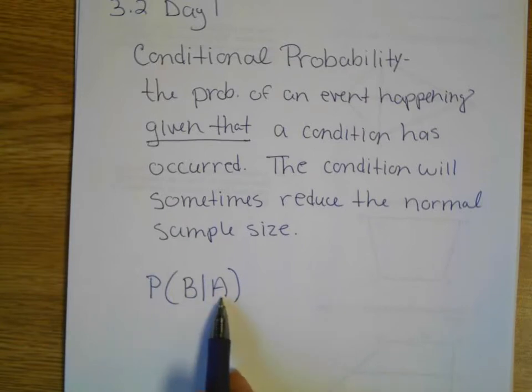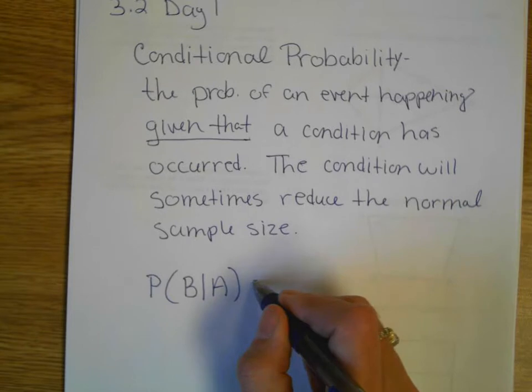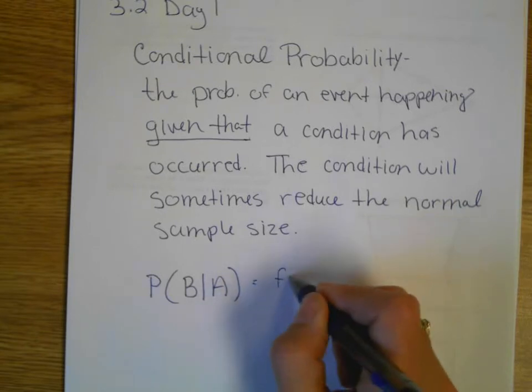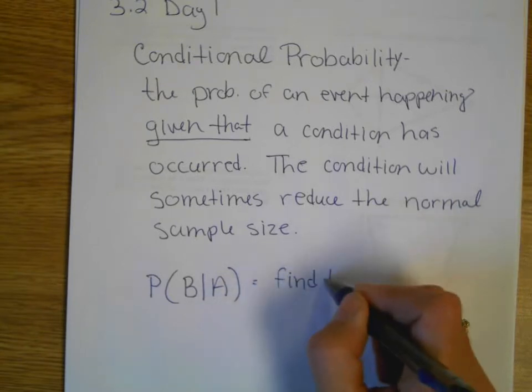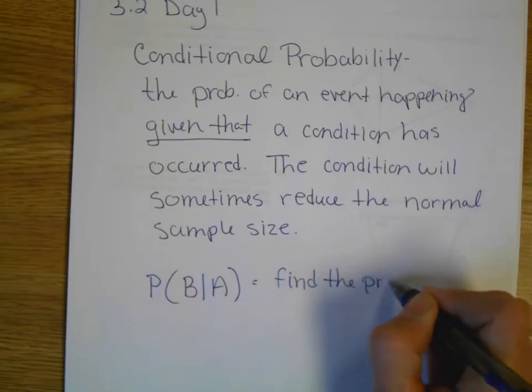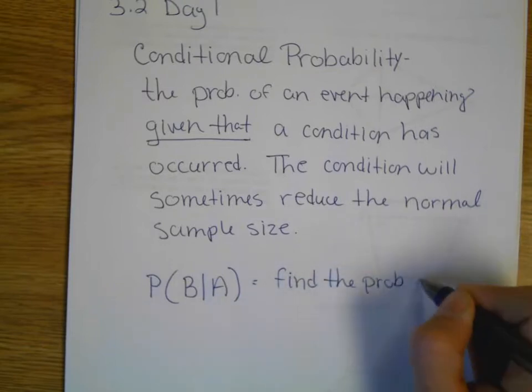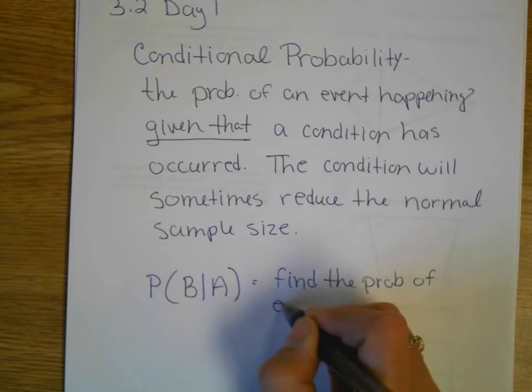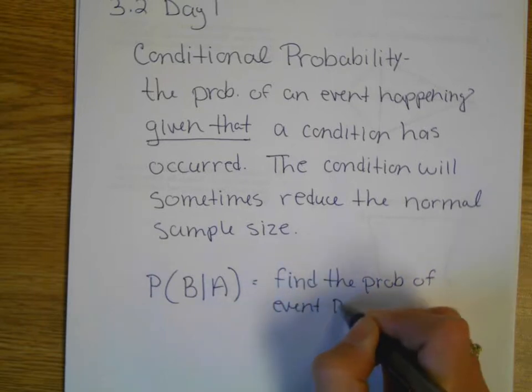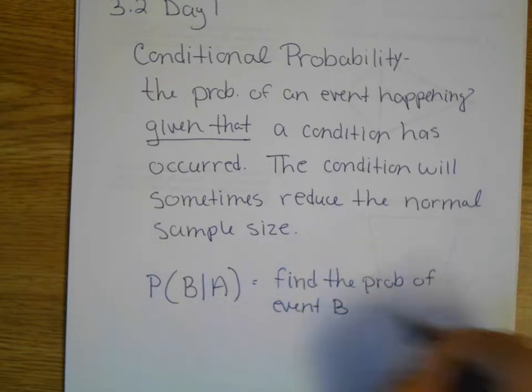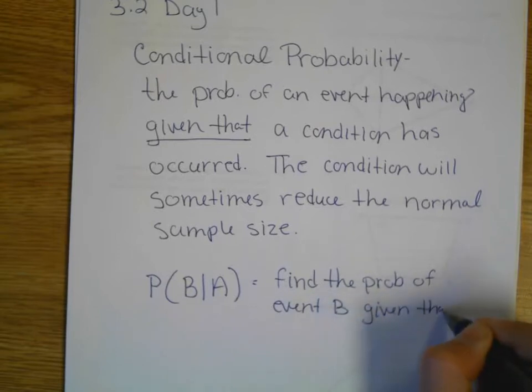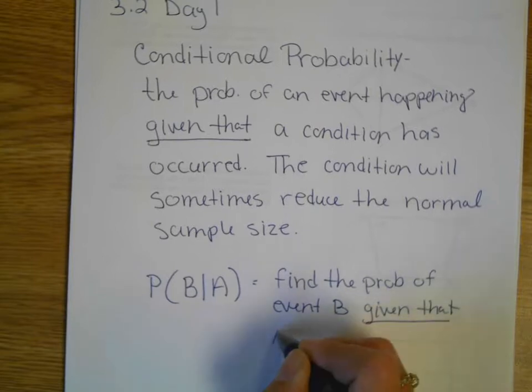So this says find the probability of event B given that A has occurred.